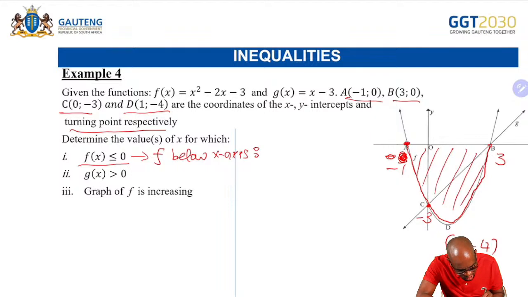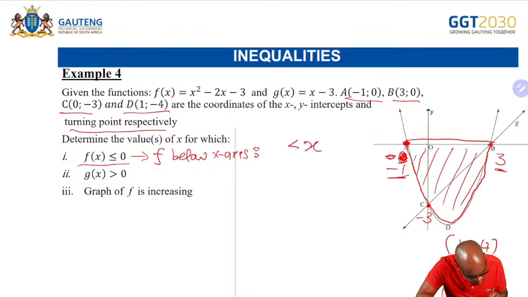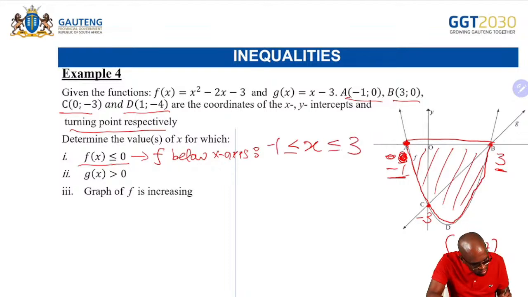What is that region defined as? It is the region between what? Between -1 and 3. So this occurs when x is between -1 and 3 included, because they said below or at the x-axis.